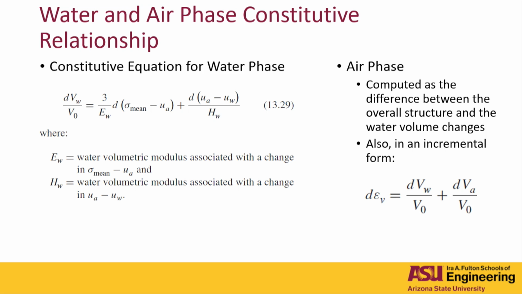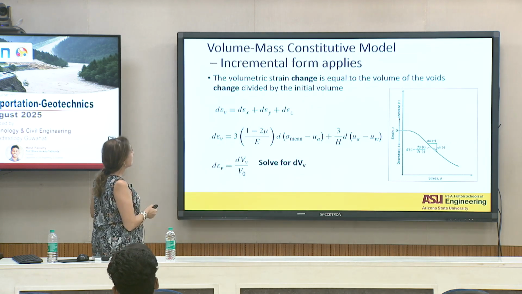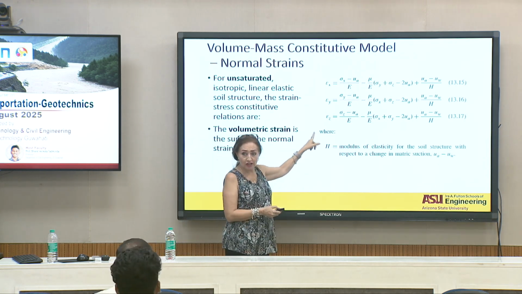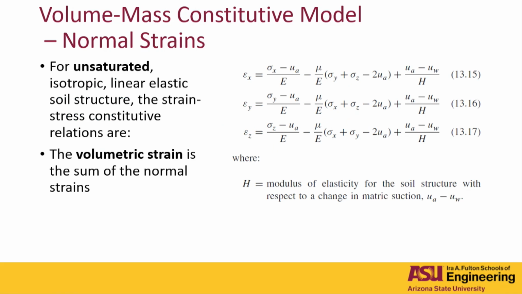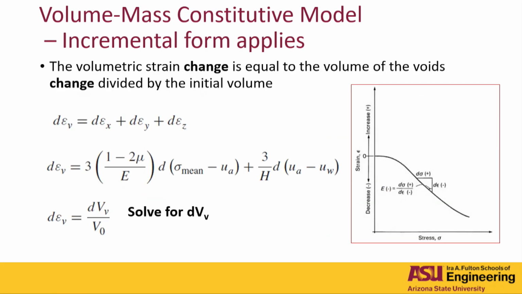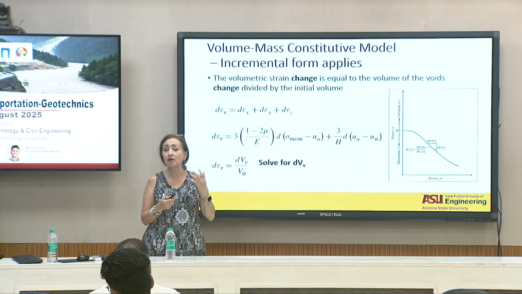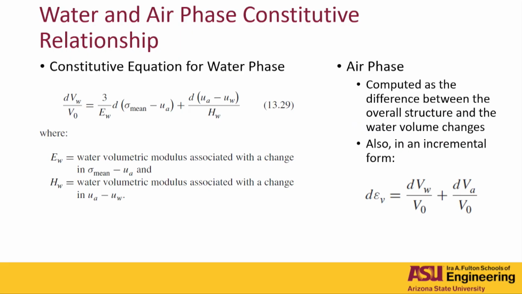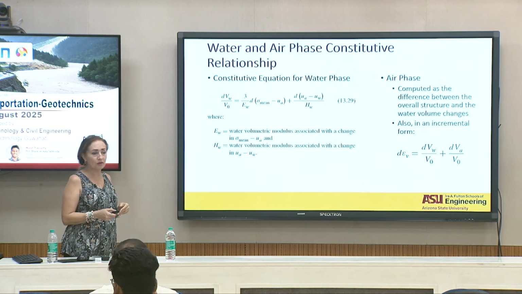We don't have a constitutive relationship applied directly to that, but if you come back to the volumetric change for the total soil, and you subtract from this the one for the water, which is this one, then you get the compressibility of the air. Once you get the compressibility of the air, you use that plus this one in order to figure out the change in the water. So that's how that works.